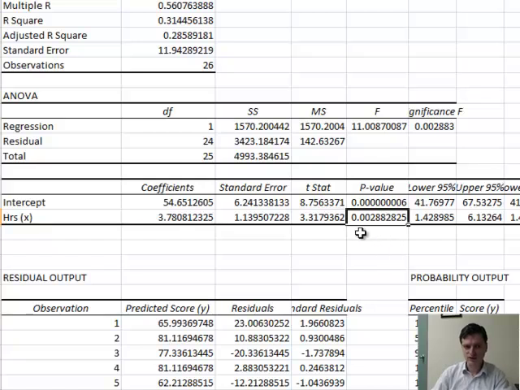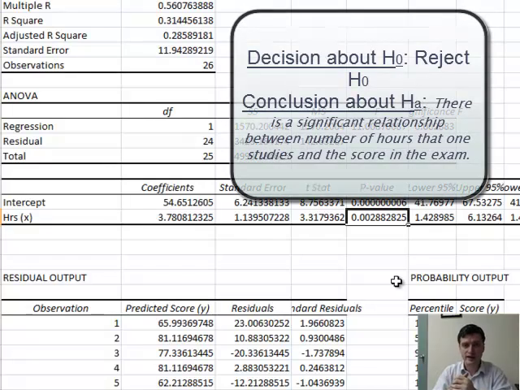And if you see this number right here, 0.0028, it is the same as the F p-value. That is telling us that this relationship between hours of study and the exam score is significant, meaning the hours of study are very significant in explaining or affecting the exam score that the student will get.